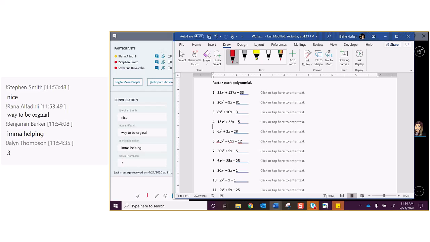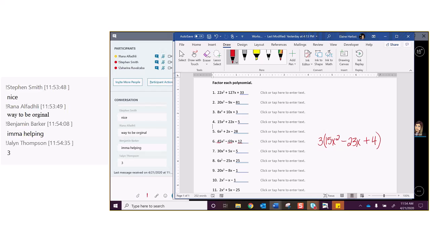Yes, Jalen, good. So I am going to factor out a 3 first and check out what this does. If I factor out a 3, that leaves me with 15x squared minus 23x plus 4.